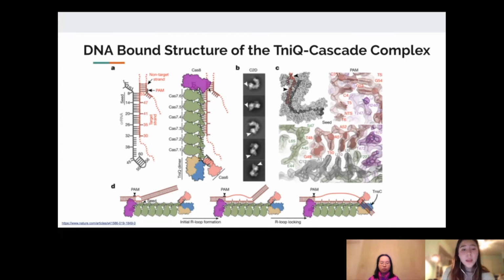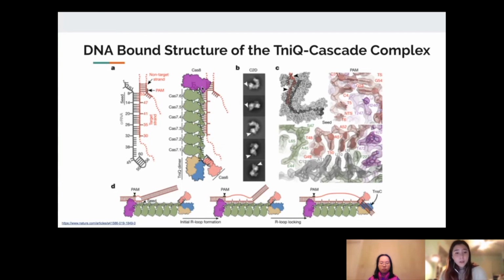So we can see here that in red we've got our target strand. It's being separated right now because it's got this gray CRRNA, which is binding to its target sequence. And looking off into the right-hand side, we have the former complementary sequence of the DNA that we're looking to edit.